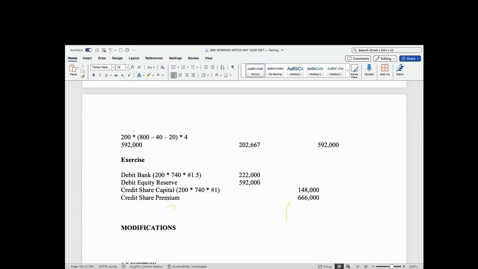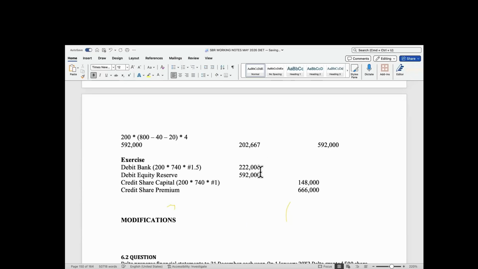That's how it works. Please, can you explain this 592? So this equity reserve is a promise we have been making to them that we will give them shares, which we put in reserve. Now the date has come. The first thing you should do is debit this reserve, and that's what you are taking to share capital.